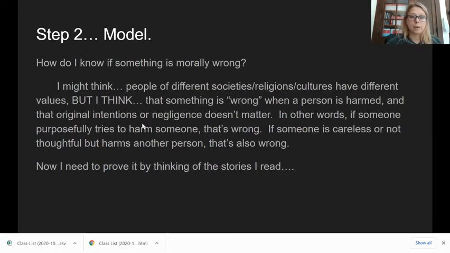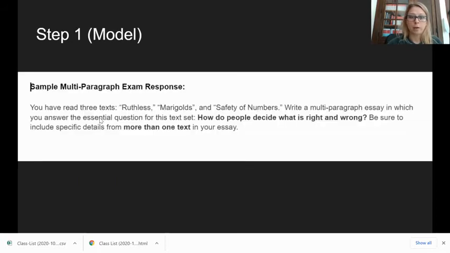And what's another thing that we read? Well, I have Ruthless. Marigolds is another source. So I'm going to go back, think about Marigolds, think how were people harmed in the story. And I can think of Miss Lottie as a very obvious example of someone who has been harmed.